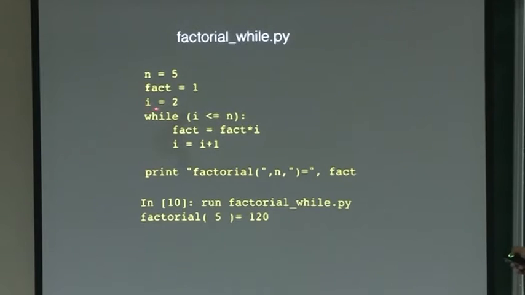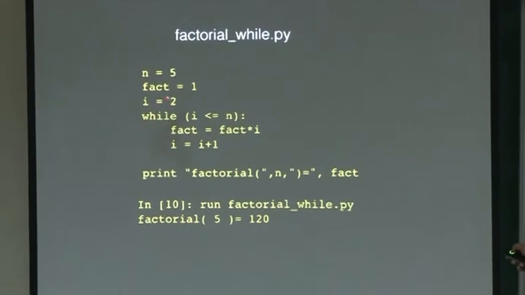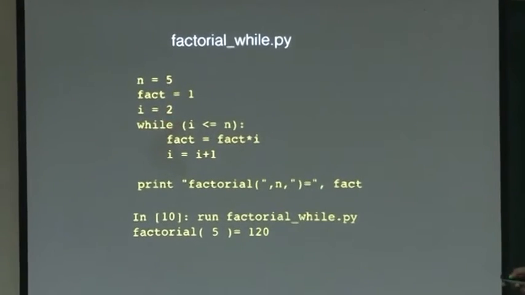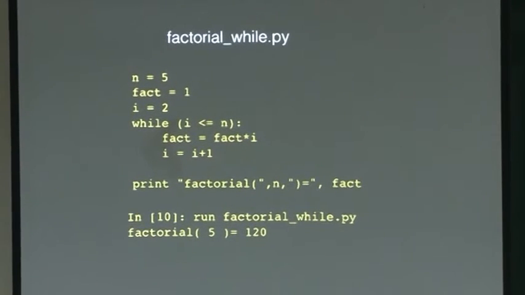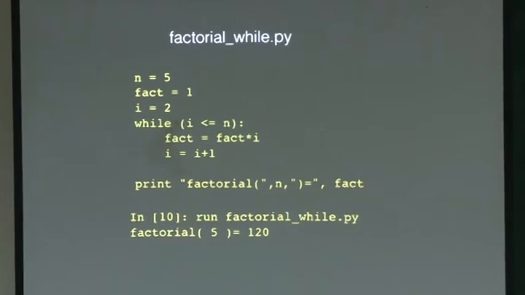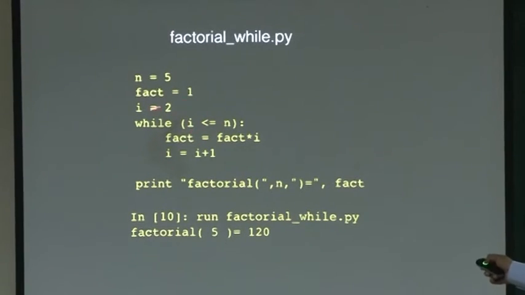I create another variable i equal to 2. I do not want to say 1 because I want to multiply from 2 onward. So 2, 3, 4, 5 up to n, I just multiply in a loop. What will I do? I am going to increment i each time, and I will check whether i is less than or equal to n.